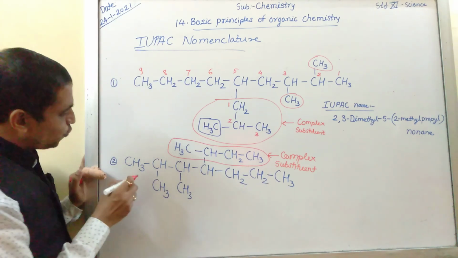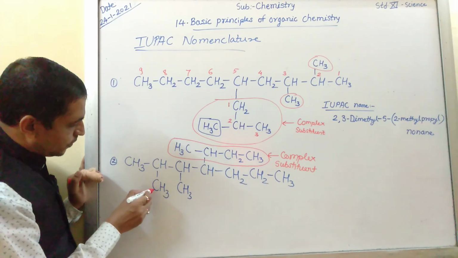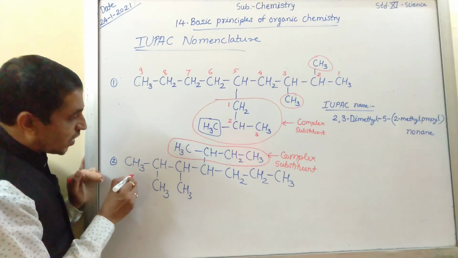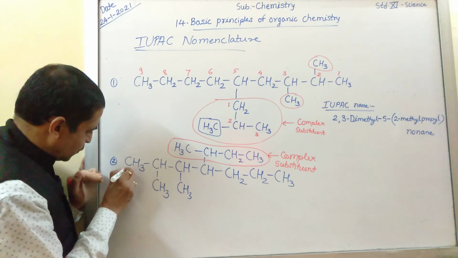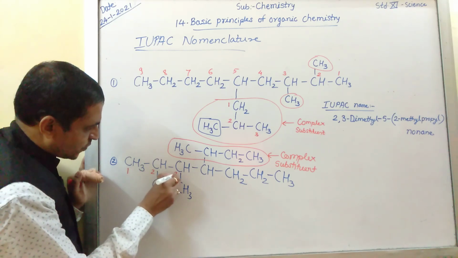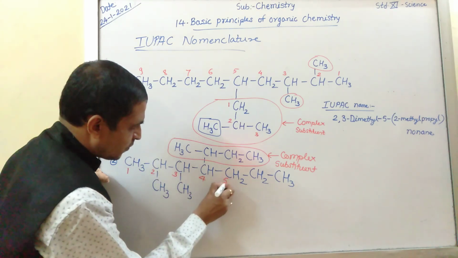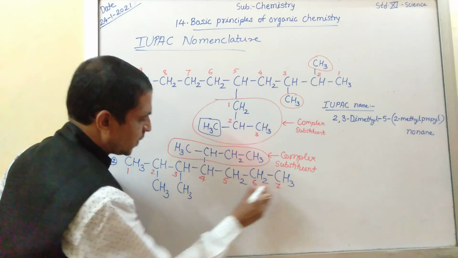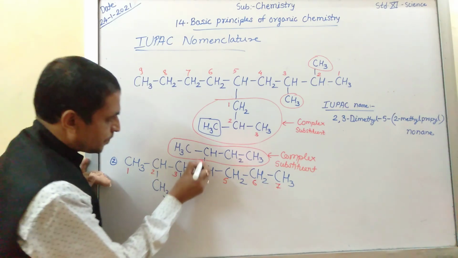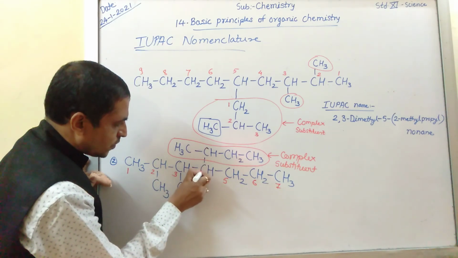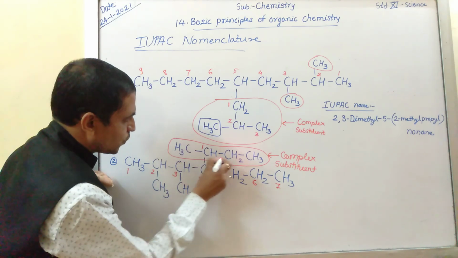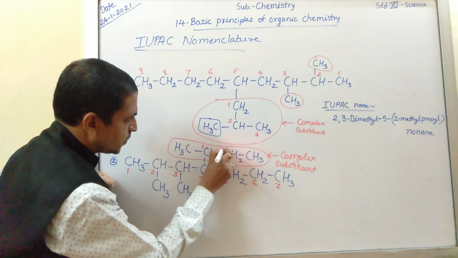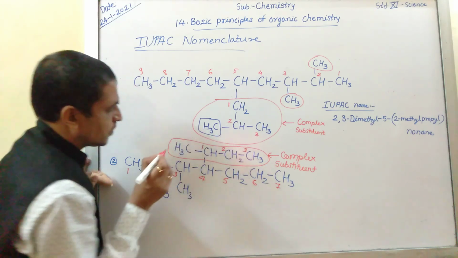So you know, according to the IUPAC nomenclature rule, numbering starts from the carbon atom which is nearest to the branch. So you get 1, 2, 3, 4, 5, 6 and 7. Here this carbon atom is attached to the fourth carbon atom. So put here 1. So here it is 2 and this is 3.